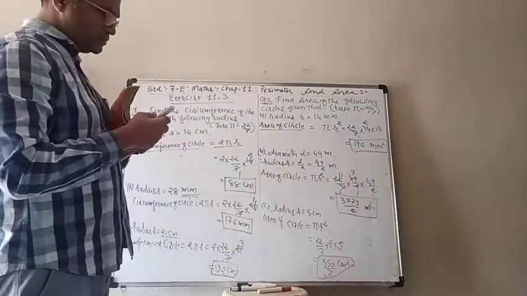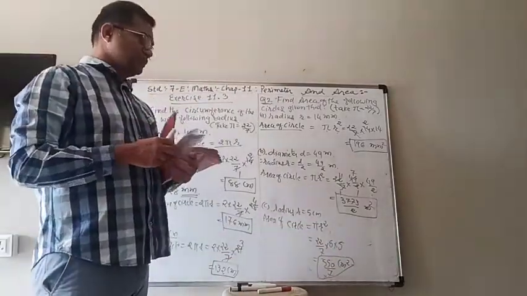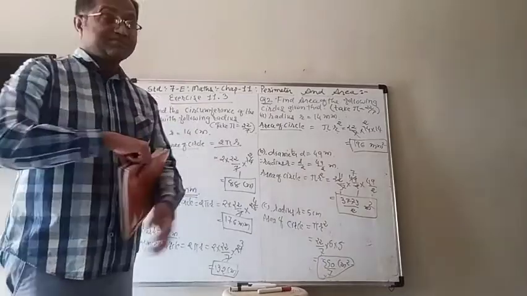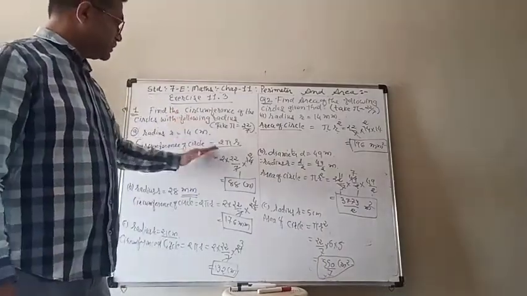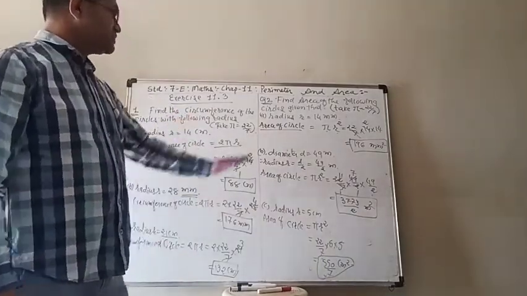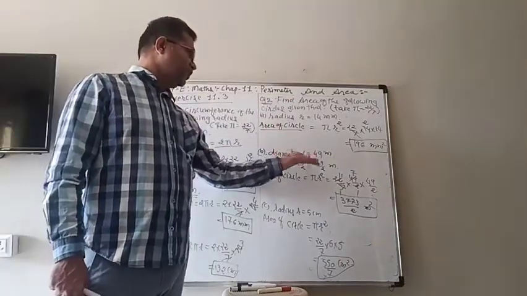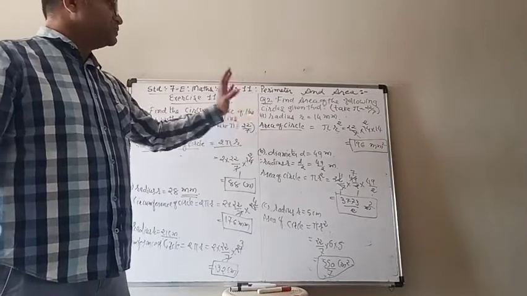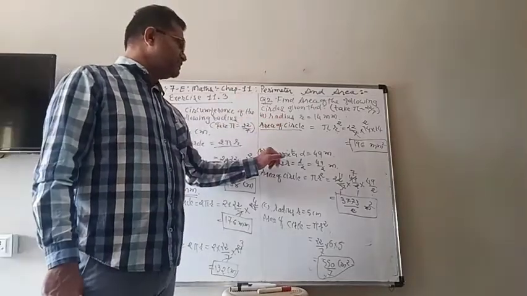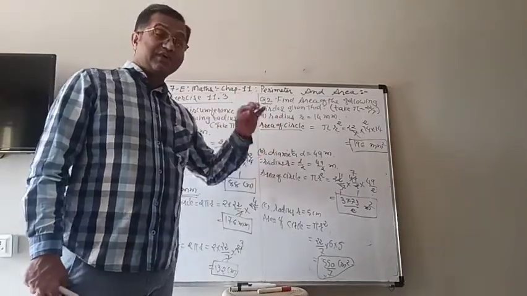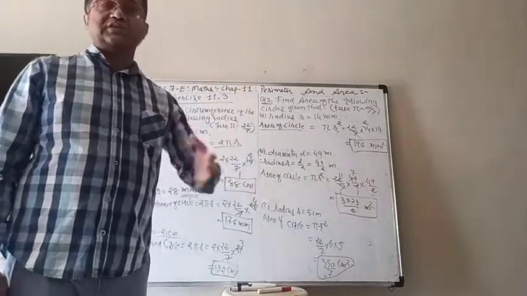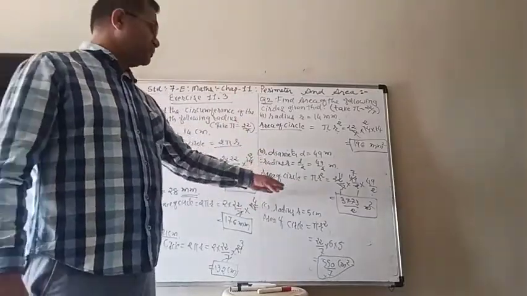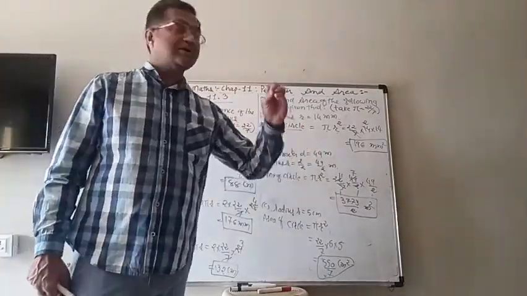So in the first question you found out the circumference when the radius is given. Here either the radius or the diameter is given and we have to find the area. So be careful when the diameter is given. First we have to find the radius from the diameter, then we use the formula to find the area of the circle.